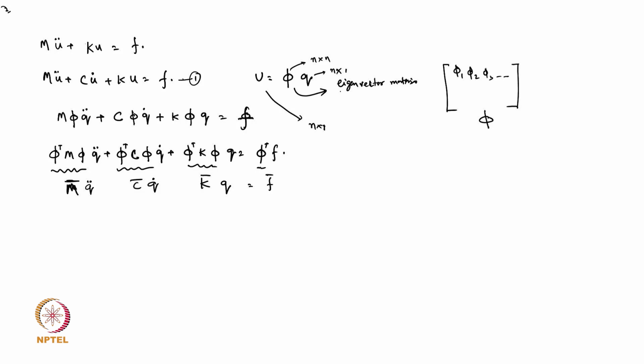Check the dimension. What is the dimension of phi transpose? N cross n. What is F? N cross 1. So phi transpose F is n cross 1.